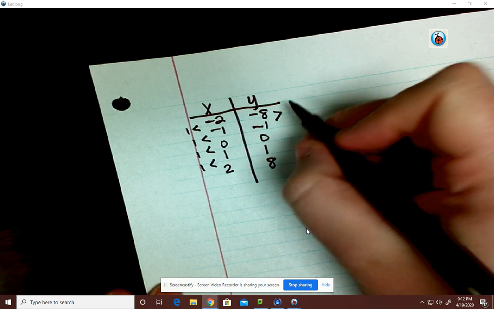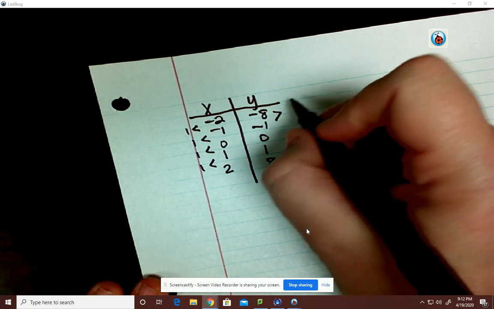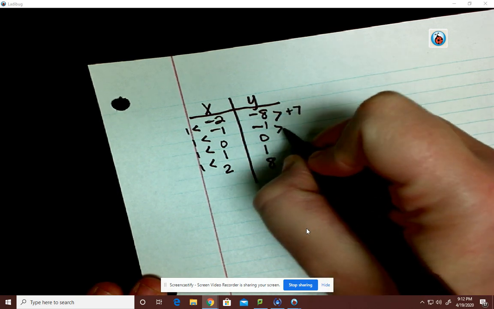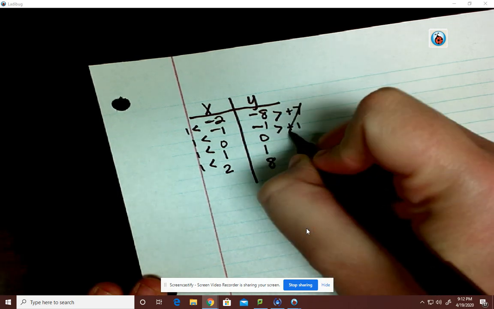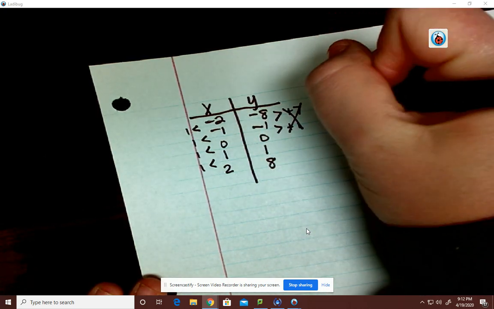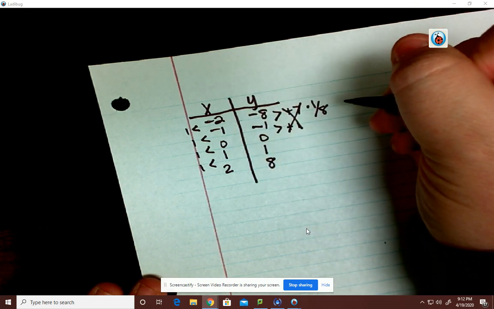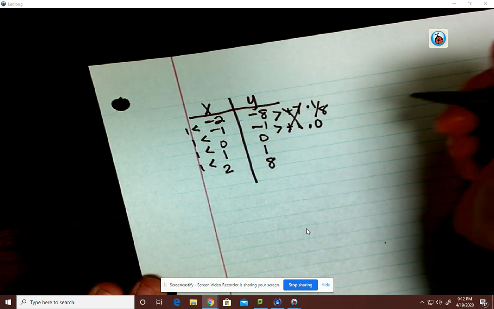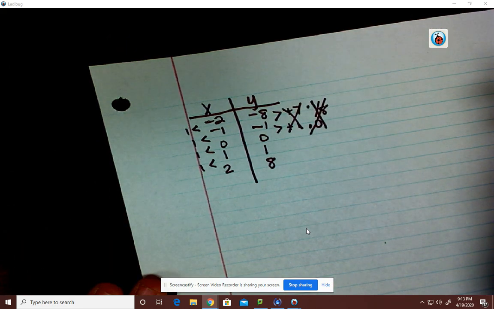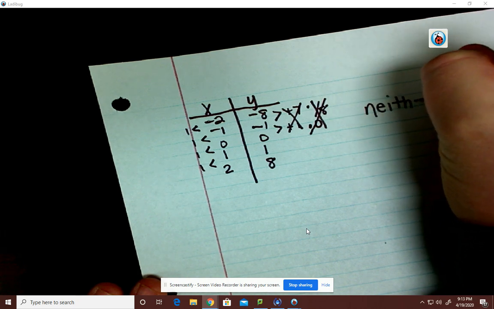Here the difference, if I go from -1 to -8, is adding 7. Here I'm adding 1, so it's not linear. Then here I have -8 divided by -1, so I'm multiplying by 8, and 0 divided by -1 is 0, so here I'm multiplying by 0. This is not the same, so it's not exponential. So this would be neither.